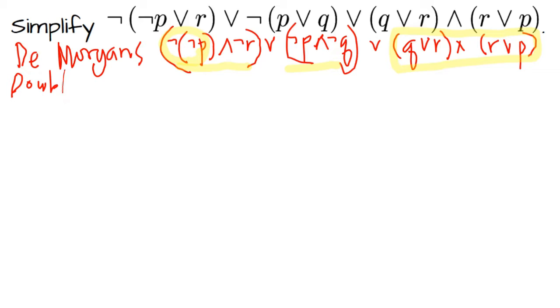After double negation, we'll have P and not of R. Simply copy the other terms.